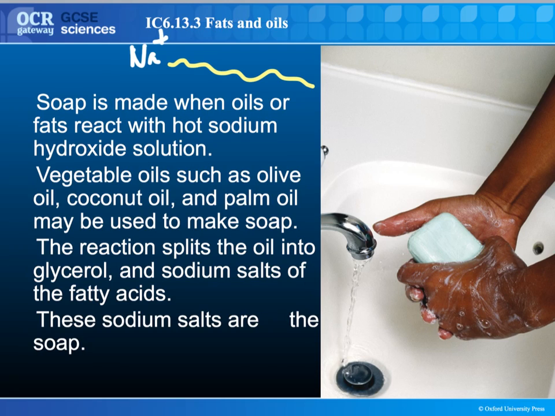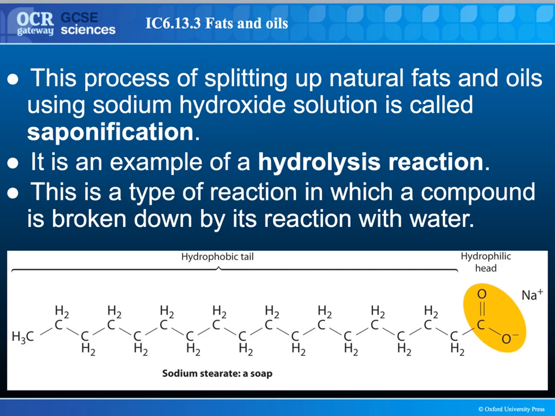The sodium ion dissolves easily in water, and the hydrophobic long chain oil sits well with fat. So soaps work because they are essentially emulsifiers, grabbing onto the fats, helping it mix with the water that you use to clean your hands, and helping you remove oil from your skin. So the process is called saponification, using sodium hydroxide to split natural fats and oils into the long chain fatty acids and back into glycerol.